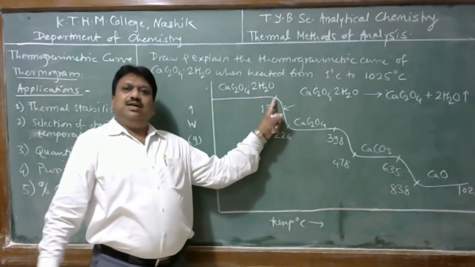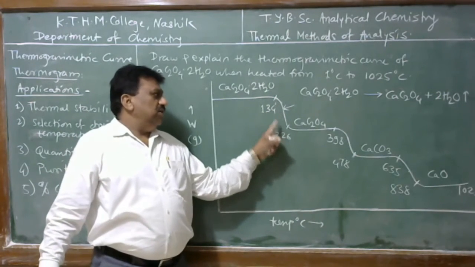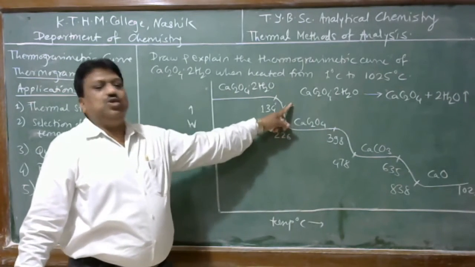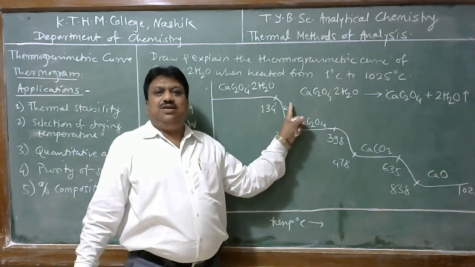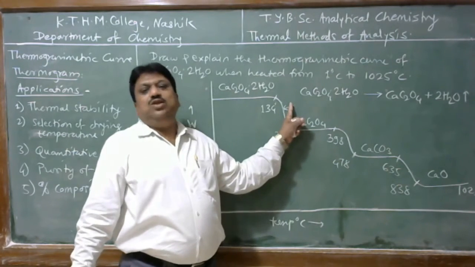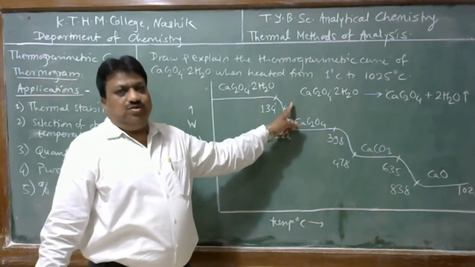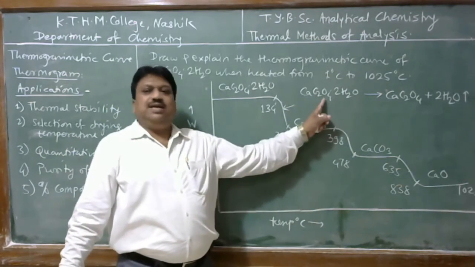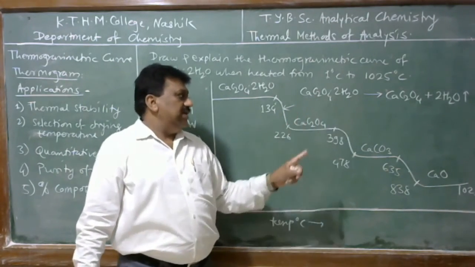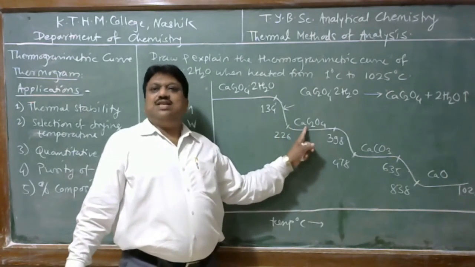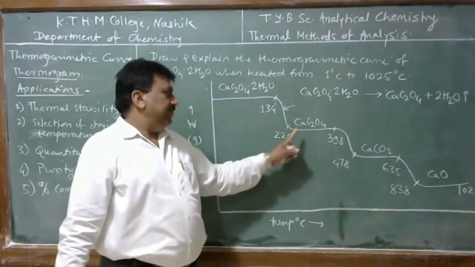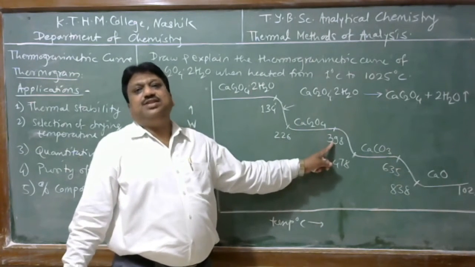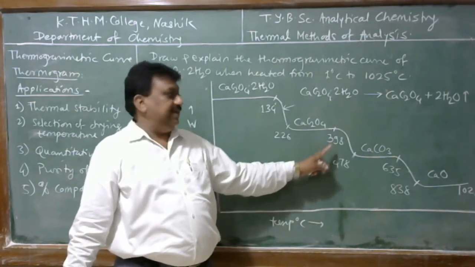This loss at temperature region 134 to 226 is because of loss in weight due to the loss of water molecules of calcium oxalate. Therefore, 2 water molecules are lost, and calcium oxalate anhydrous is obtained. This calcium oxalate anhydrous is stable up to temperature 398 degrees centigrade.